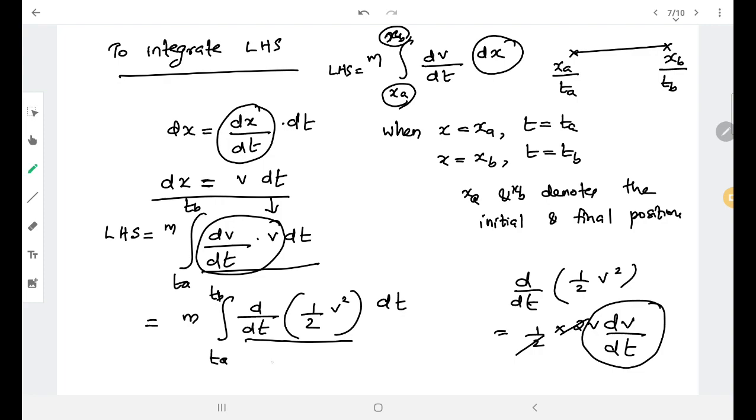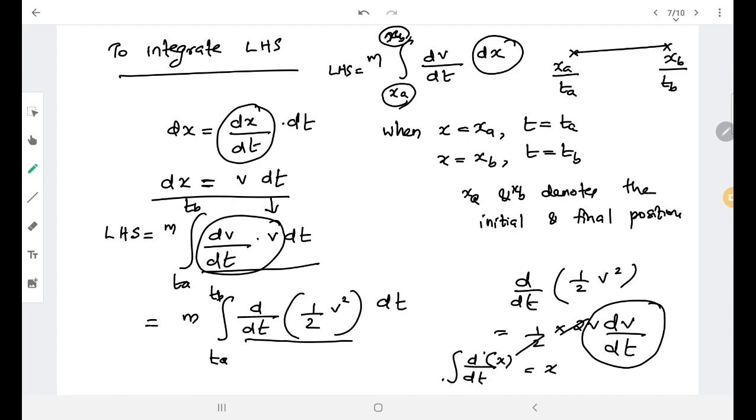Now this integration is changed into the time variable, and we can easily integrate this term, because we know that integration and differentiation cancel each other. If we integrate something that has a differential term, both get cancelled. So the integral of d/dt of x is x only.